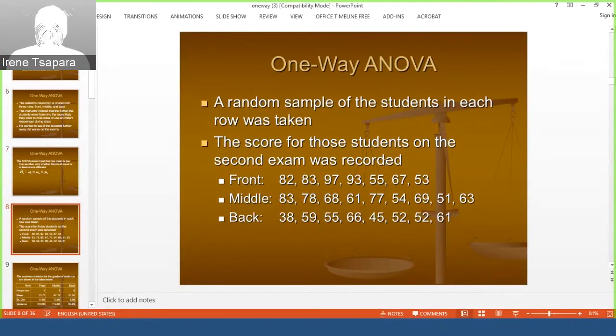We take a random sample of students in each row. The score for those students on an exam was recorded. The front row has the following grades, the middle row has different grades, and the back row has different grades. One thing I want you to pay attention to is that each one of the rows has a different number of students.